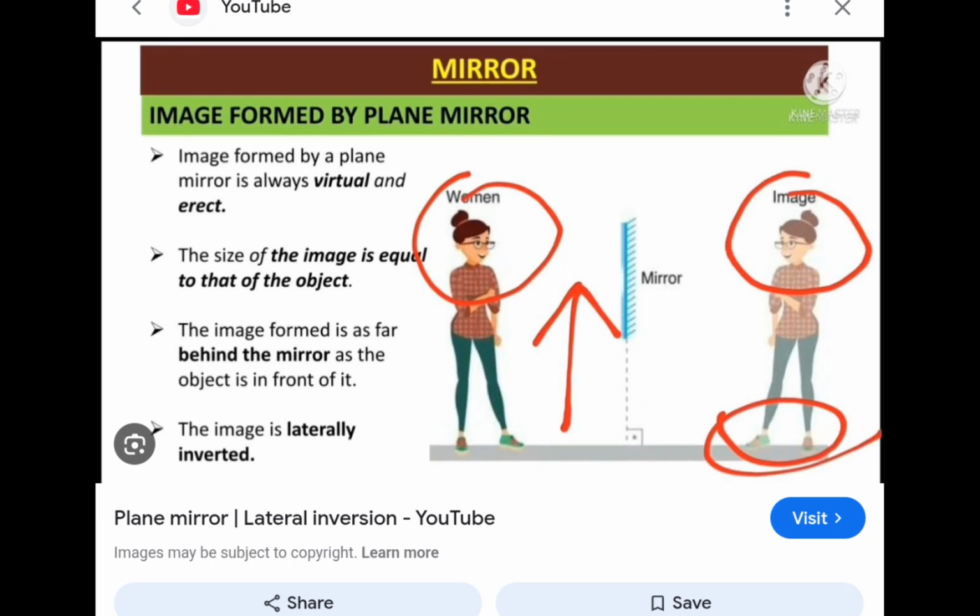And second point, equal, the image is equal. Third point, the image formed is as far behind the mirror as the object is in front. Just understand it as the same.